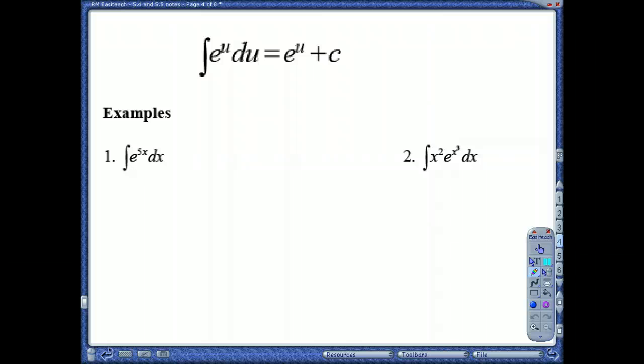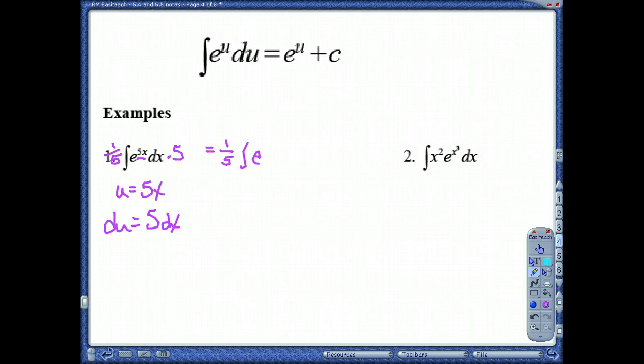You're going to use a u substitution anytime your power is not a 1x. So when I look at number 1 and I notice my power is a 5x, that's going to be my u substitution. My u has got to be 5x, which means my du has to be 5dx. I don't have a 5dx, so I'm going to put the 5 in there and counteract that with a 1/5, because 1/5 times 5 is 1, and you can multiply by 1 all day long.